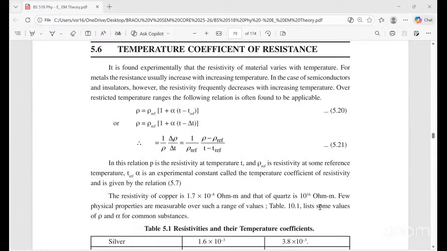Next, temperature coefficient of resistor. Temperature coefficient. So here you can use this temperature coefficient in Lee's experiment, the thermal conductivity of a bad conducting material.